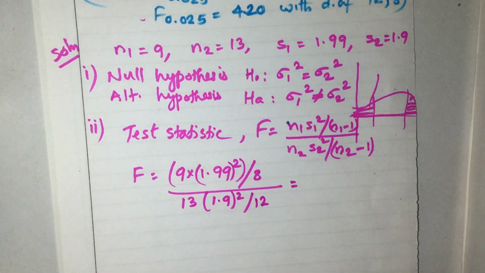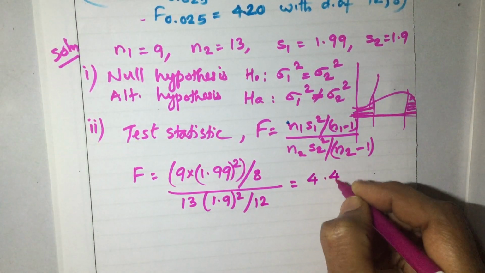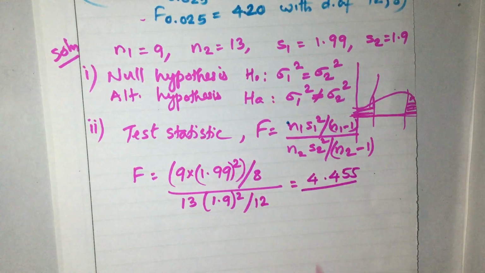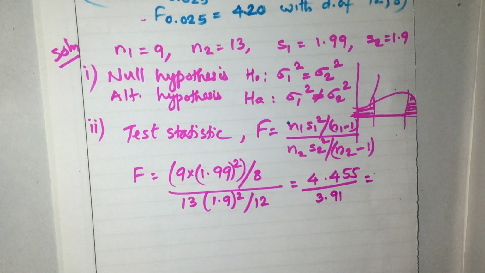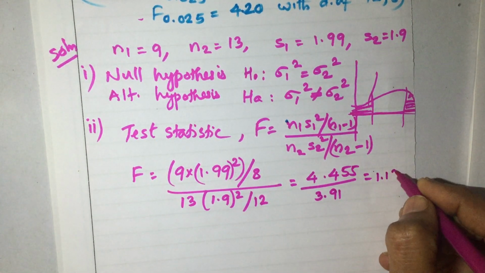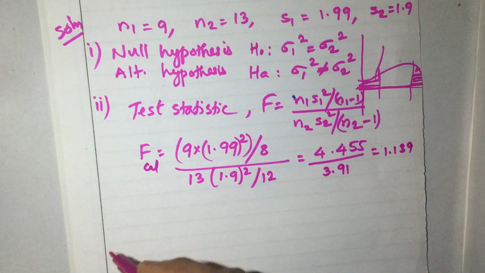While calculating this, you will get 4.455 divided by 3.91, which is equal to 1.139. So this is the calculated value of F.